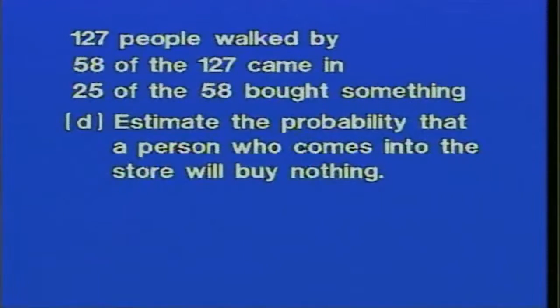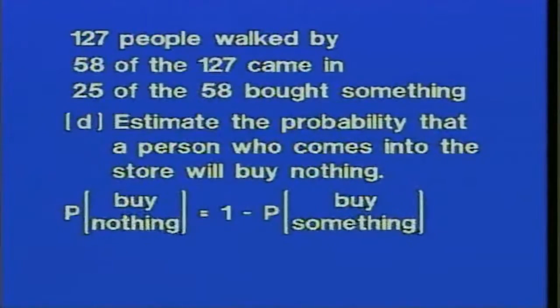The last part says, estimate the probability that a person who comes into the store will buy nothing. We can actually calculate the probability of buying nothing in a rather offhanded way. Think about the probability of buying nothing as 1 minus the probability of buying something, you see.